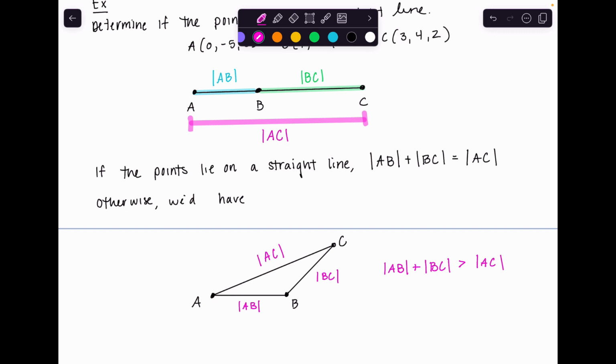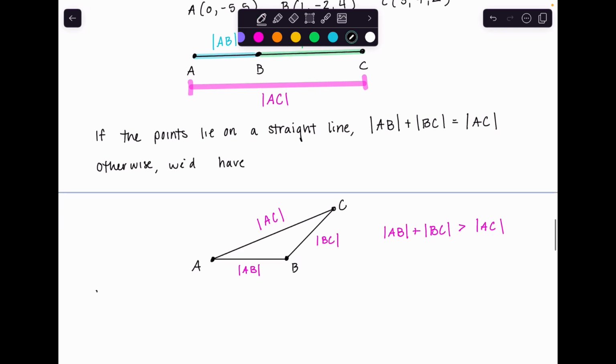So when you add the two smaller sides together, it's larger than the third one. So ultimately here, there would be a more complicated relationship with the three sides.